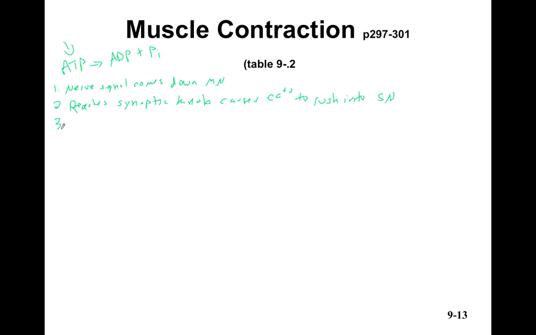The presence of calcium causes synaptic vesicles to fuse with the membrane of the synaptic knob.